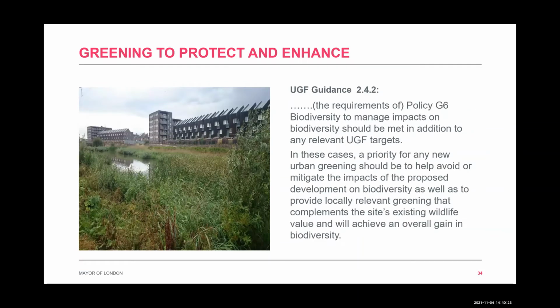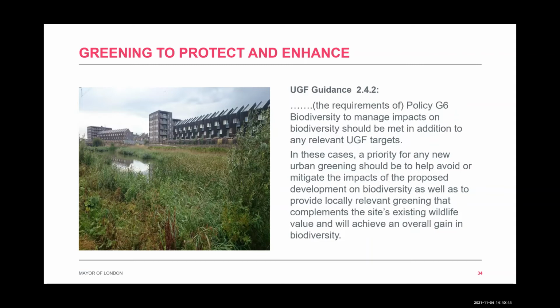This urban greening that's provided through the UGF can also be used as part of the design choices to avoid or mitigate impacts to existing habitats and species and to achieve an overall gain in wildlife value. So in this example here, this is a wetland that was created as part of a much larger housing development.